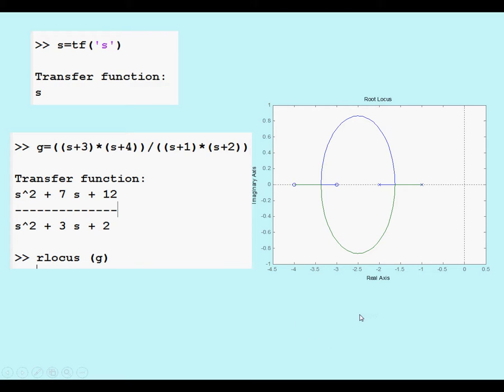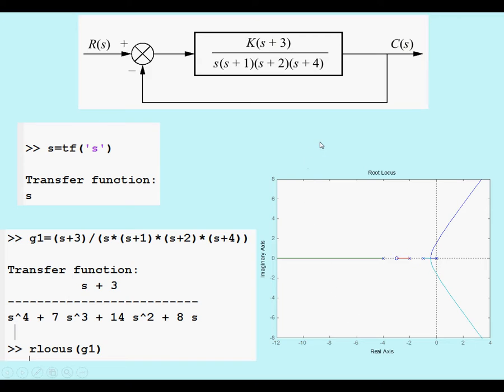Okay, so that illustrates how we build the transfer function. I have a second example in here that you can look at and try. This is the transfer function, and this is how you put this transfer function into MATLAB. And once you do root locus, then it'll give you all the locations of the roots as a function of the gain.